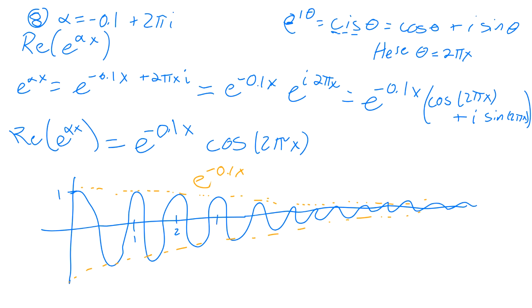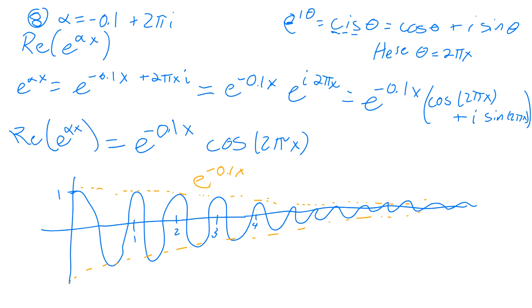So it has an angular frequency of 2 pi, which means the period is 2 pi over omega. So 2 pi over 2 pi is equal to 1. The period here is 1, so we're repeating every 1 as we go along.